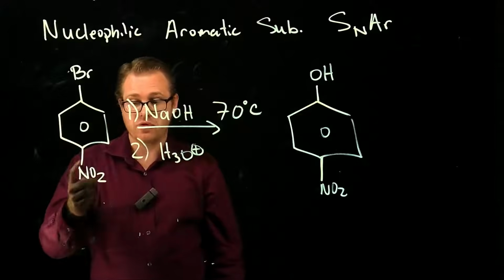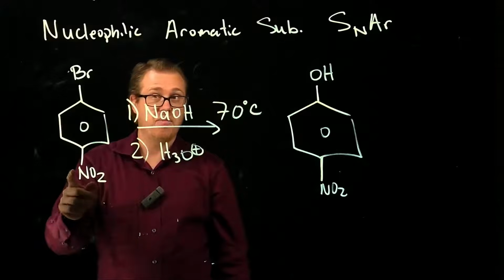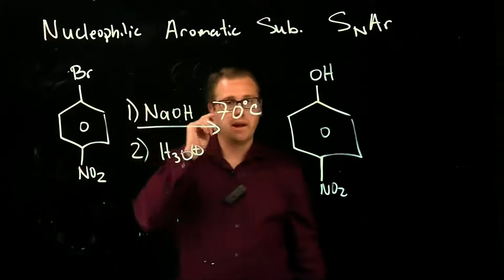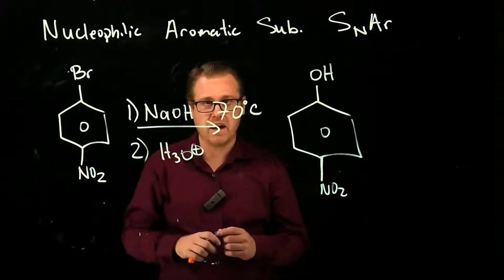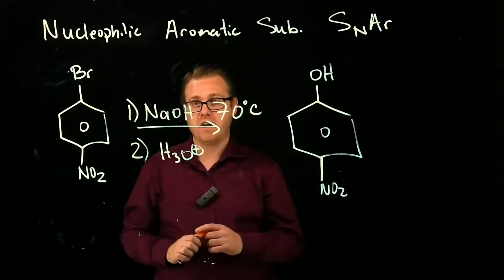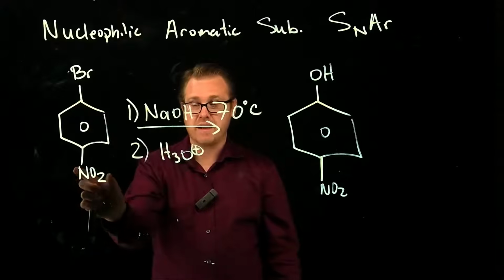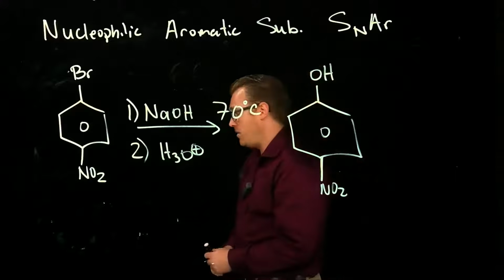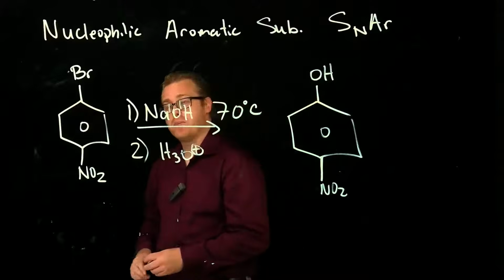If this electron withdrawing group is on the meta position, it does not work. And we're going to go into the mechanism to understand why that's the case. But I'm just up front telling you, the electron withdrawing group has to be para or ortho in order for this nucleophilic aromatic substitution reaction to work.